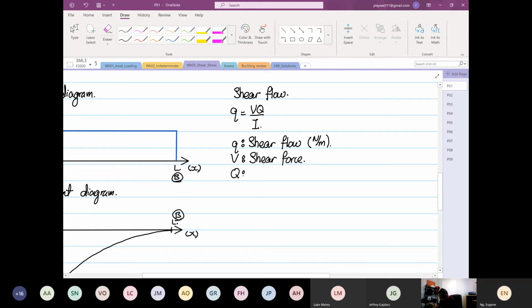Q is our first moment of area, in meter cubed. And finally, I is the second moment of area, in meter to the fourth.